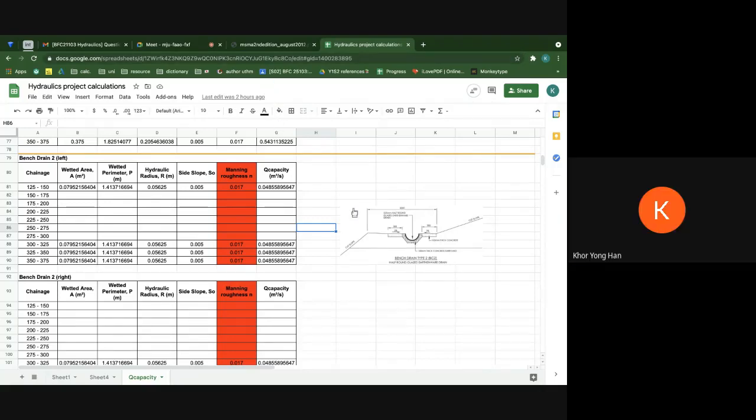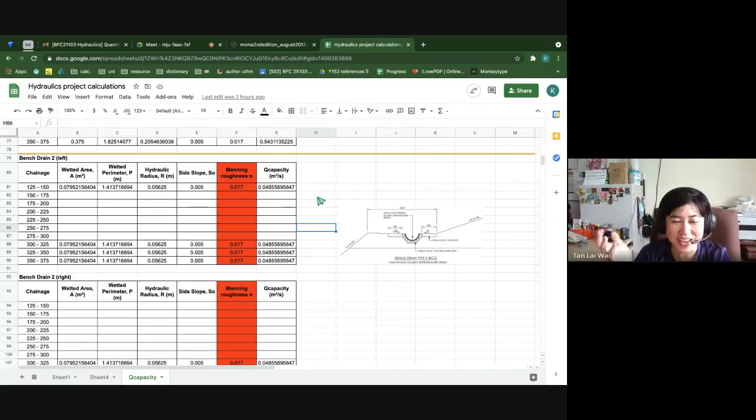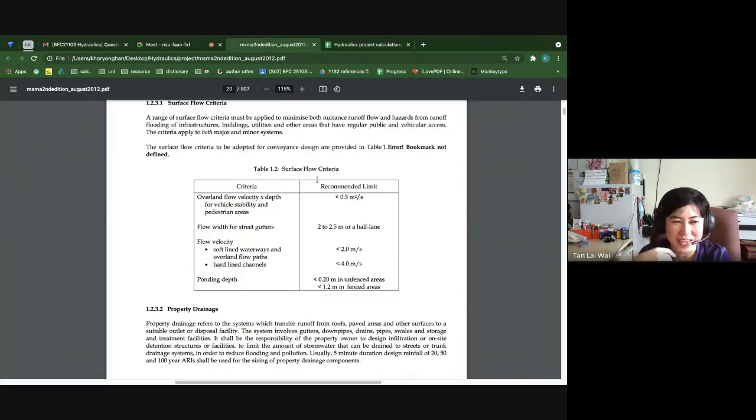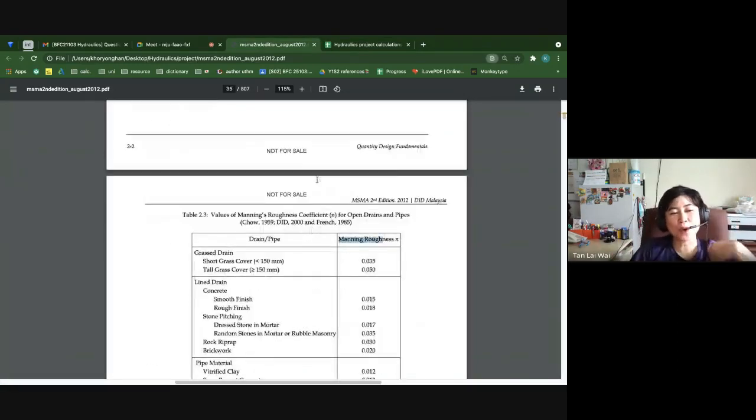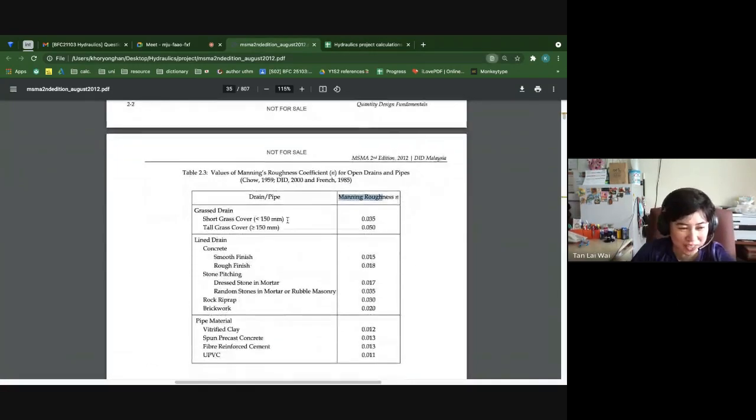It's glazed, a kind of smooth surface. You can actually search for Manning. It's probably not here. Actually, I'm not sure whether it's almost similar to this vitrified clay or not. We can use that. This vitrified clay, the pipe material below it, check whether it's similar or not, whether you can use. You need to check.